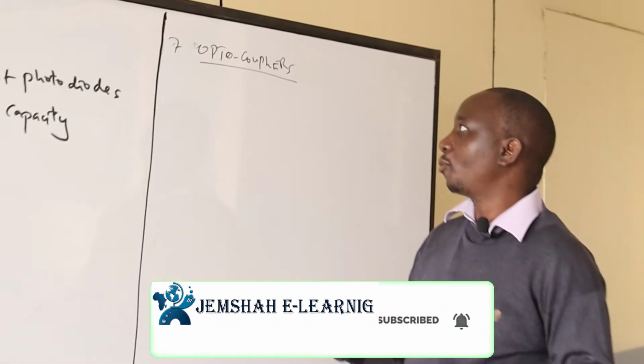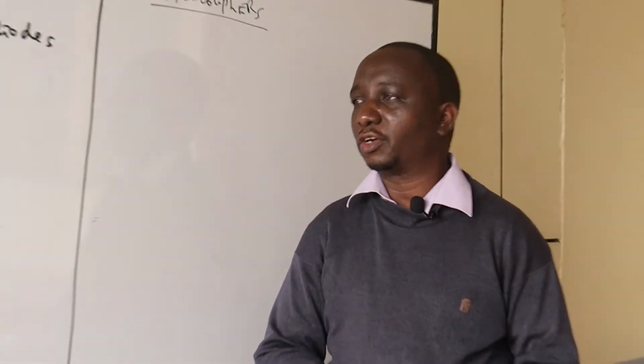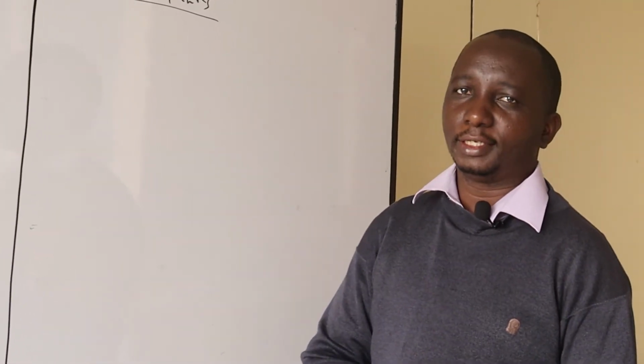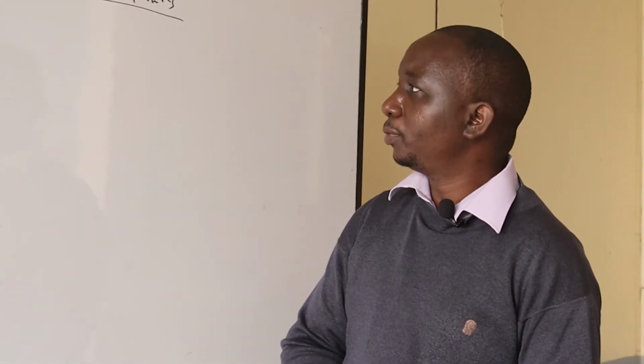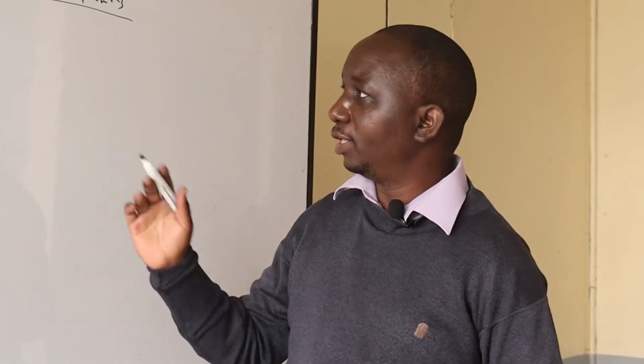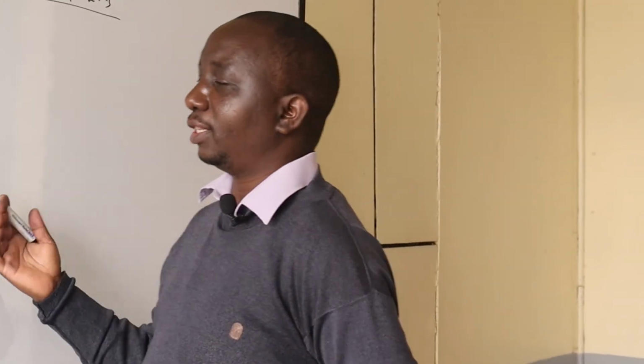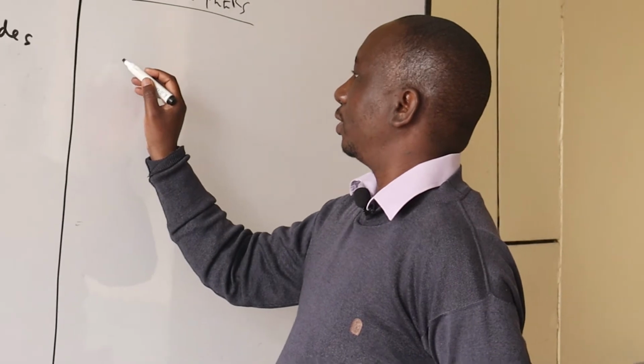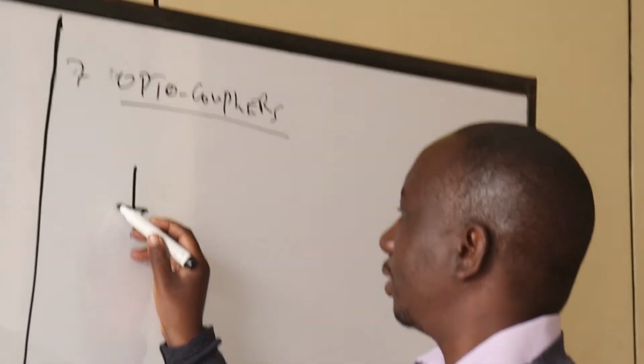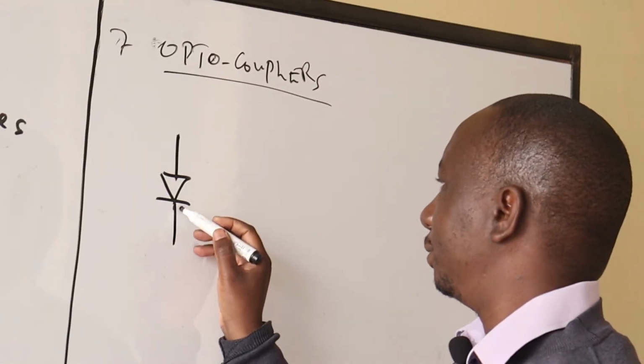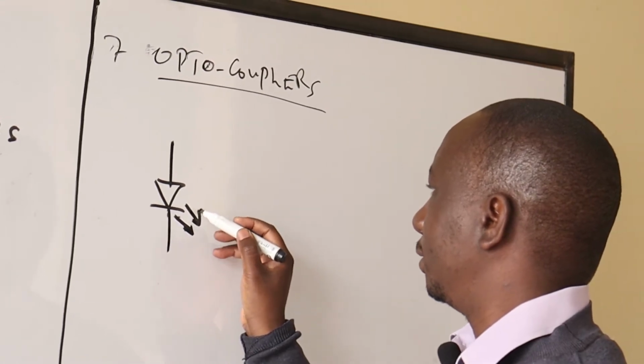In this case, we're coupling two optoelectronic devices to work as a single unit. So I'll sketch some of how they appear so that we have at least an idea of what is there.